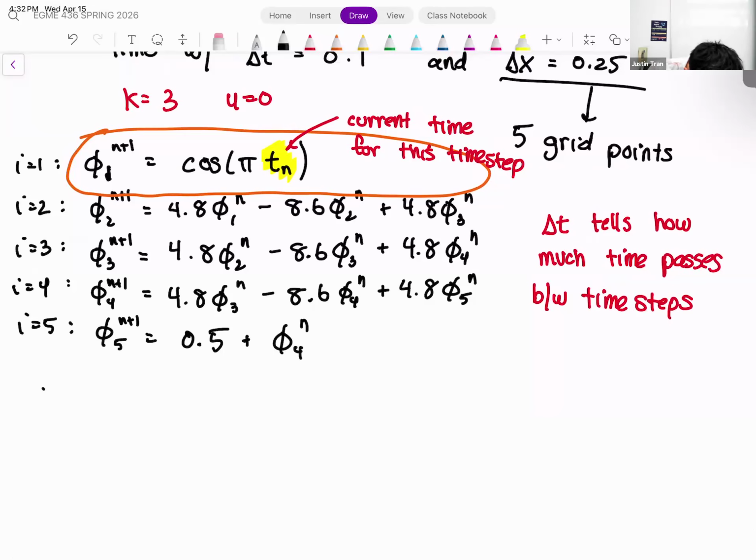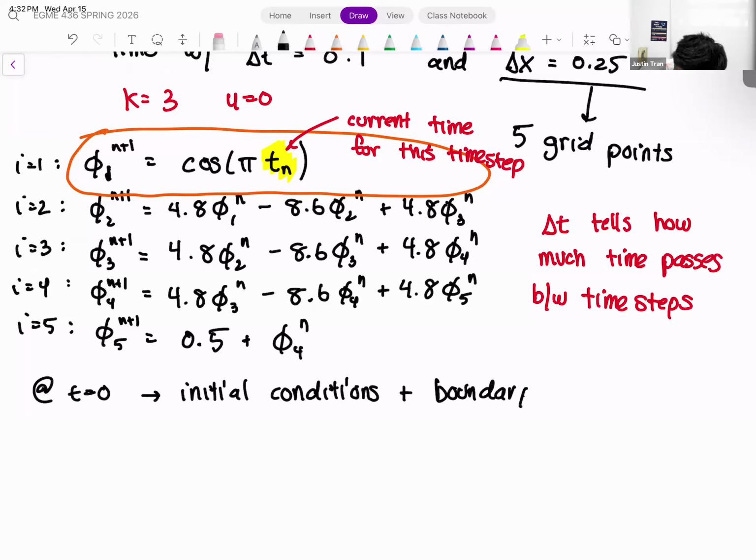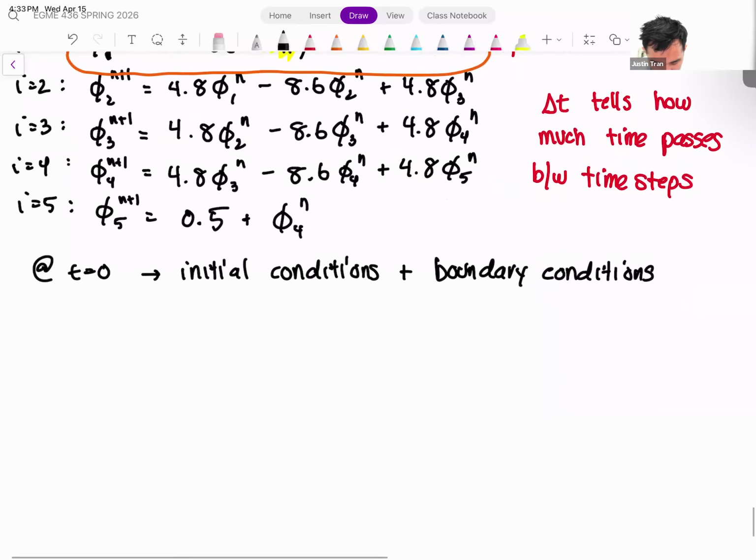At t equal to 0, we have our initial conditions plus boundary conditions. t equal to 0 is always a little bit special when you're doing this, because you mainly just use the initial and boundary conditions to determine your values here. So let's go ahead and write all those out.